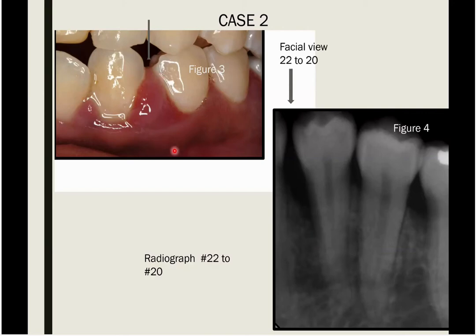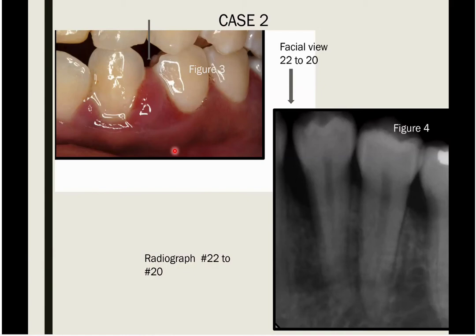So what would you likely conclude, and how would you go about deciding what this was? I went over the midterm question in the beginning, but I would hope that you'd first pick up your perio probe and kind of walk around the tooth, and you might palpate to see if you're getting pus.